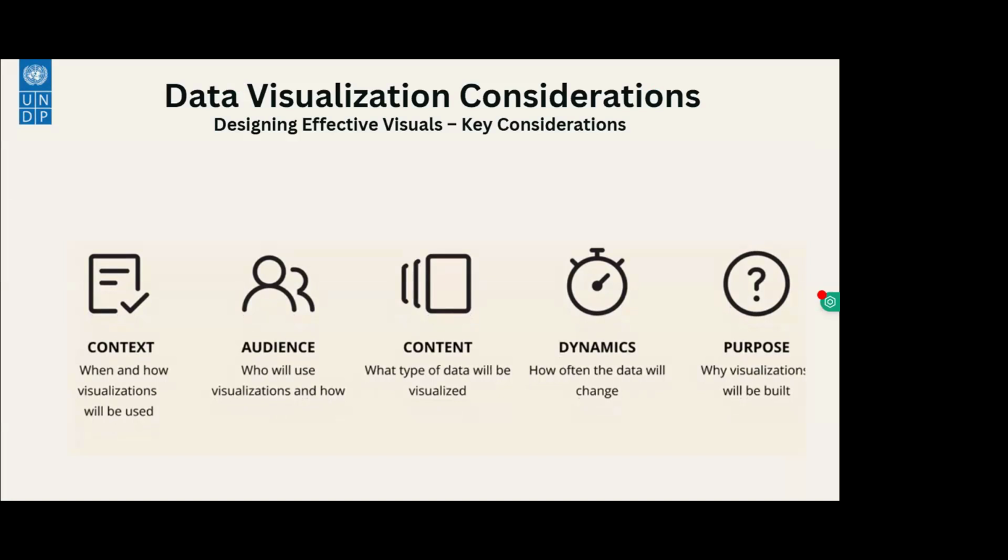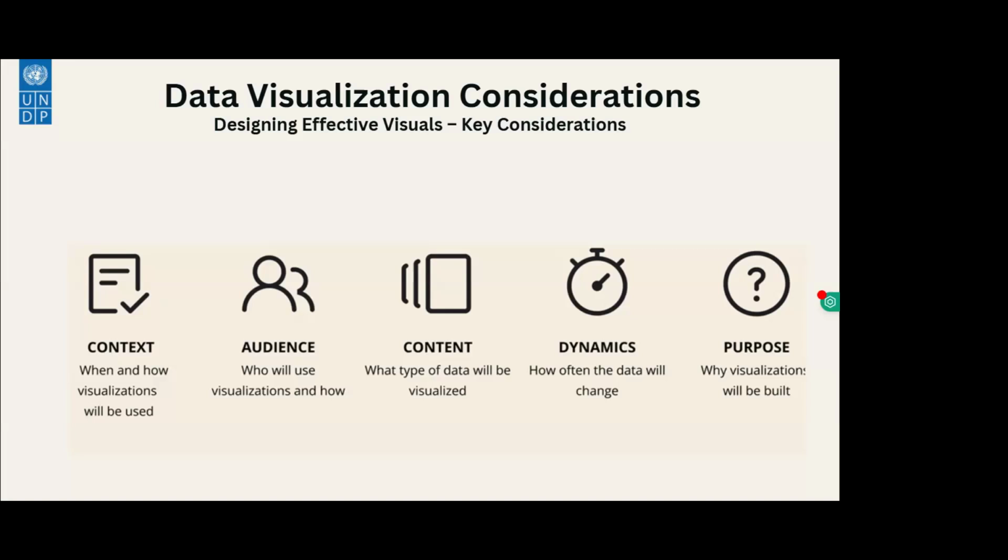A very important point is the audience. It's the second one on the slide, but I always start with it first. Always ask who is going to use this dashboard or chart. Is it, for example, the UNRRs? Is it program colleagues? Is it regional teams?